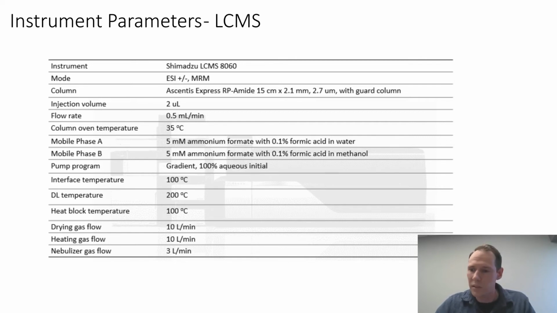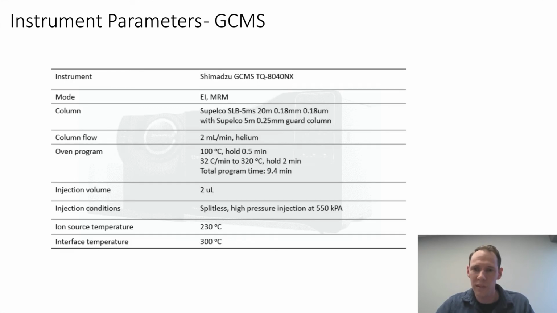The method is a reverse phase method with a 2 microliter injection volume, and the initial mobile phase condition is 100% aqueous, which I found helped with the elution of the polar pesticides in this method. For GCMS, I used a Shimadzu TQ8040NX. The injection volume was 2 microliters, and this is a splitless high pressure injection.